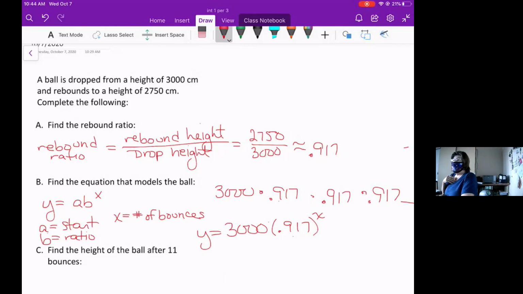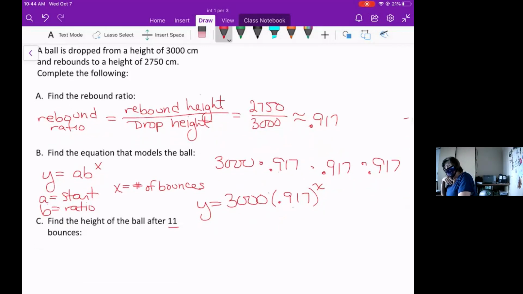And the reason we want to write the equation is because, look at the next problem. Do I want to have to multiply this times 11 times? No. The equation is going to make it easier. All I have to do is put 11 in for X. And then I use my calculator.